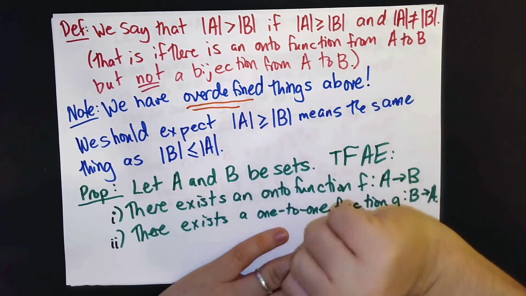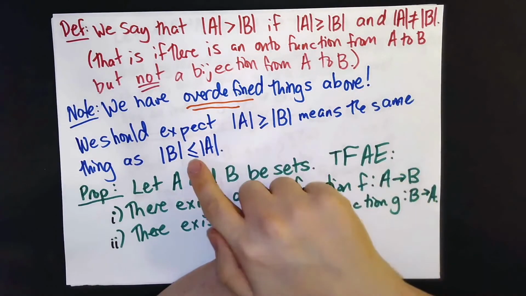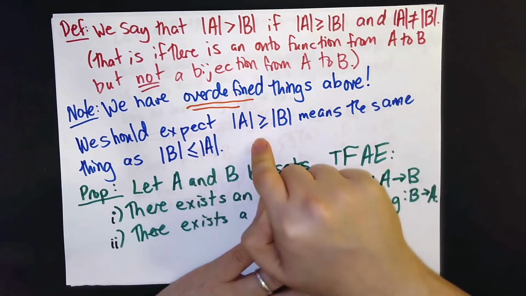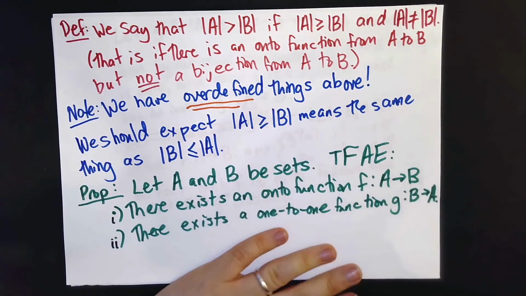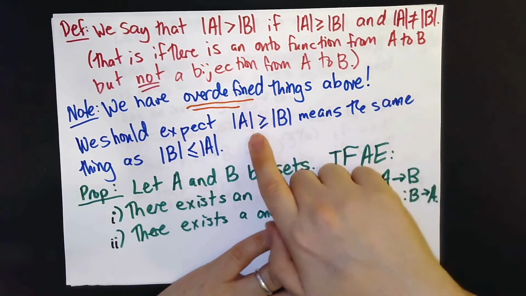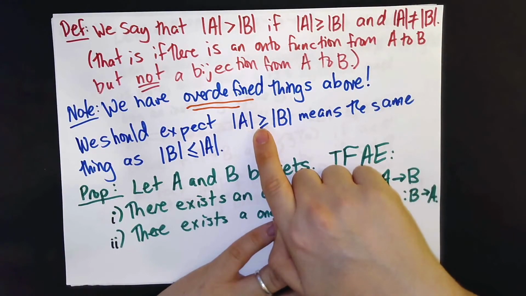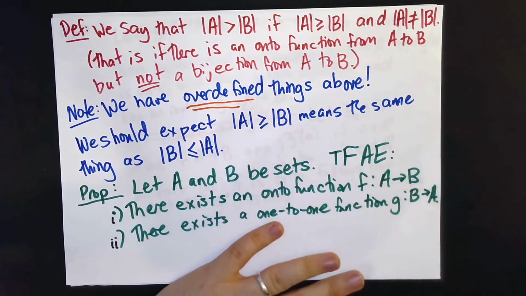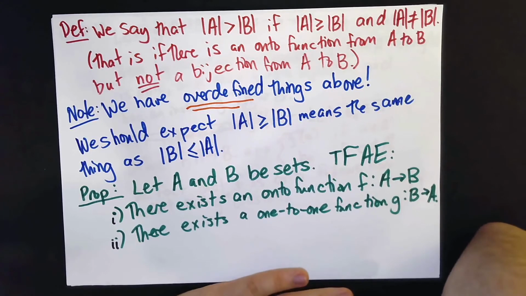And that has to do not with what happens when you flip this sign in this way, but what happens when you know, for example, that A is both greater than or equal in size with B and less than or equal in size with B. Namely, we would assume that if something is both greater than or equal to something and less than or equal to something, then it should actually be equal to it.